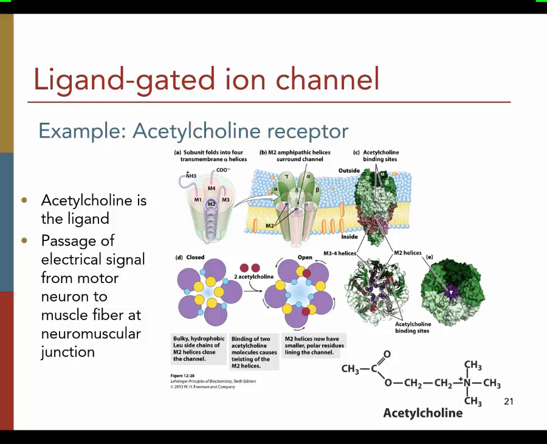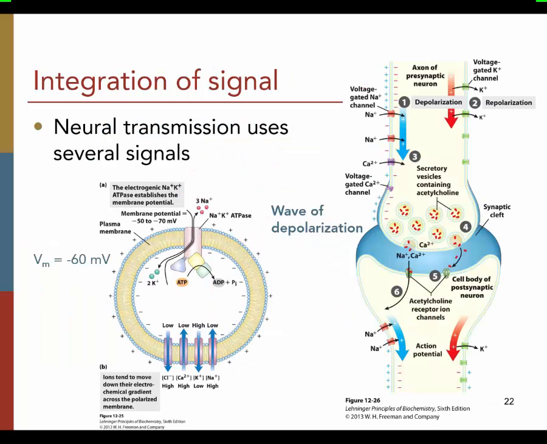Acetylcholine only goes from the exit point of one cell to the receptor at the adjoining cell, but that small distance that molecule travels enables signal transduction through the whole length of that next neuron, and then it continues the signal. So acetylcholine only travels a small distance, but enables long-range signal transduction.